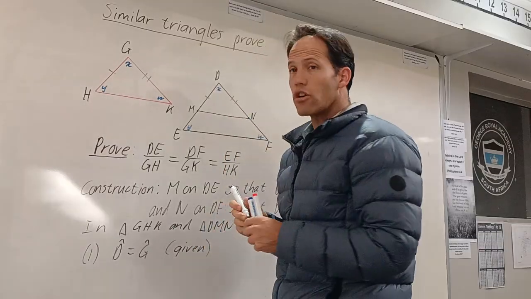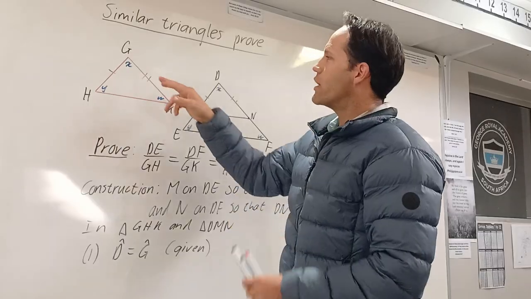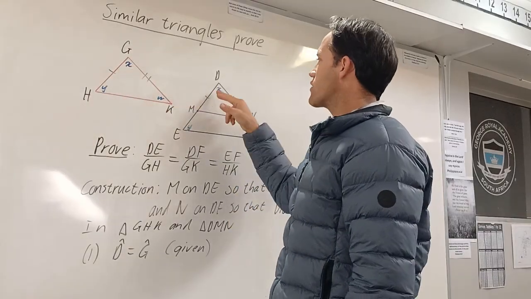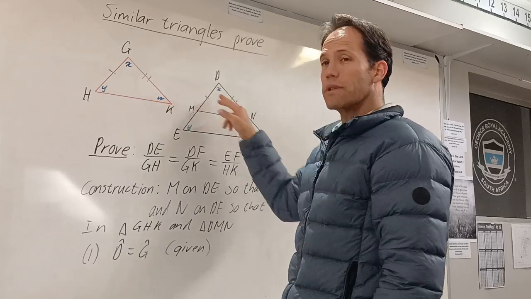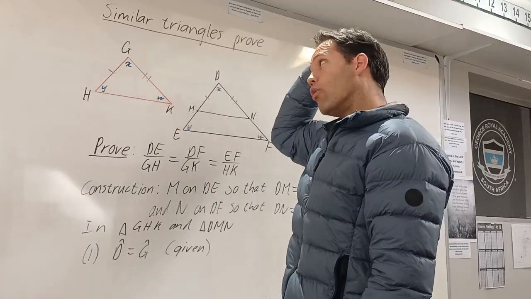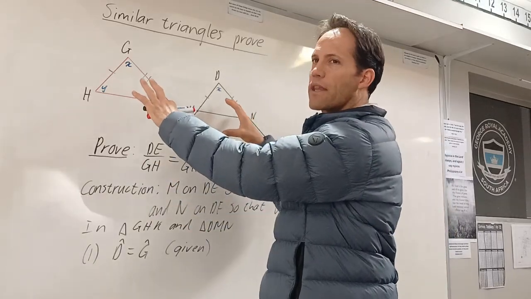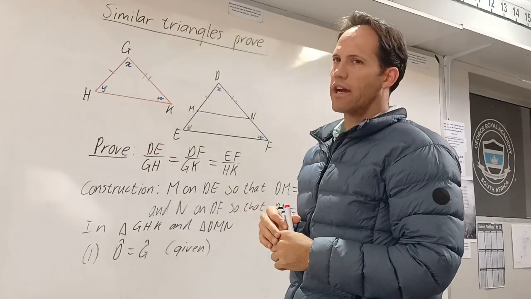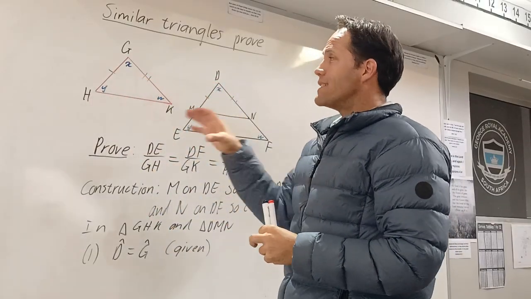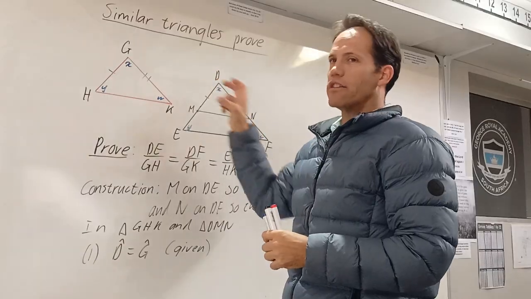Because remember, at the start of the question, they're going to tell you that this angle is equal to this one, that angle is equal to that one, and that one is equal to that one. That's what they give you. So all they gave you is two triangles where the angles are equal, and you must basically use that to prove that the sides are proportional.